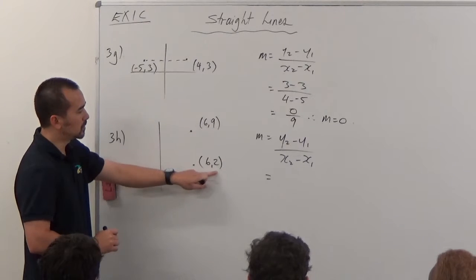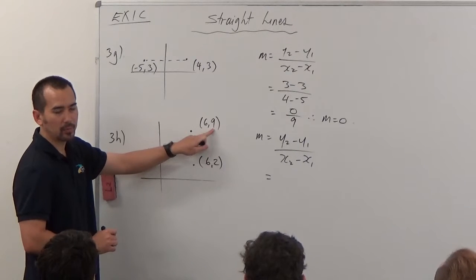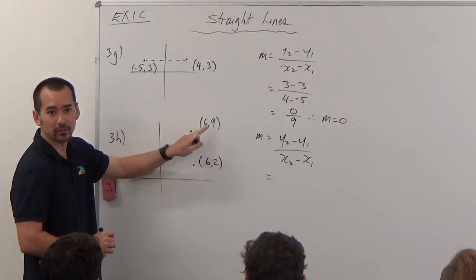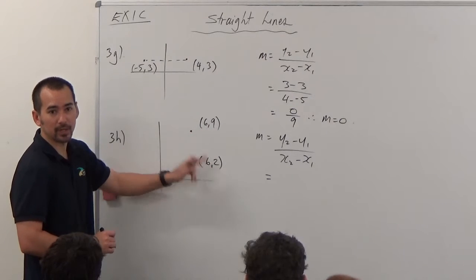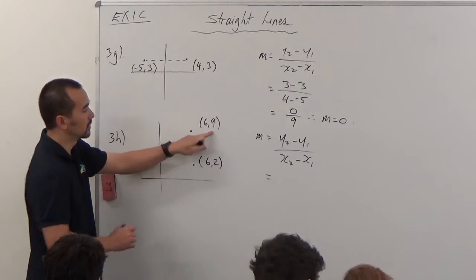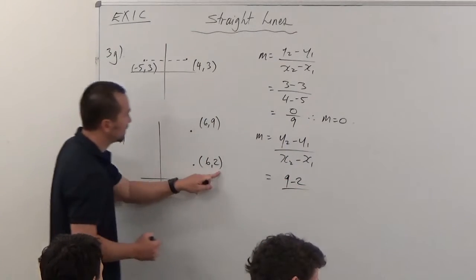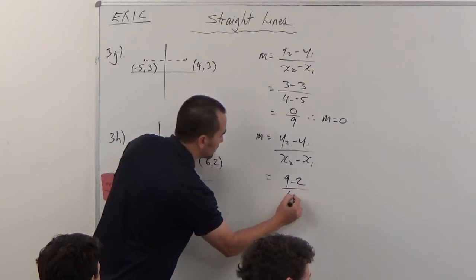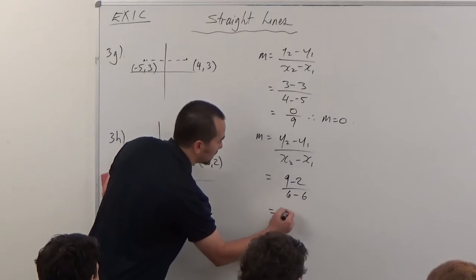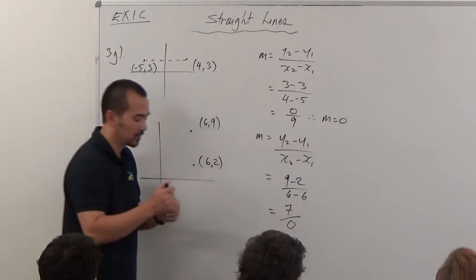I'm probably making it hard for myself. Doesn't matter which way you do it, so make it easier for yourself. Let's go 9 take away 2 divided by 6 take away 6, which makes 7 over 0.